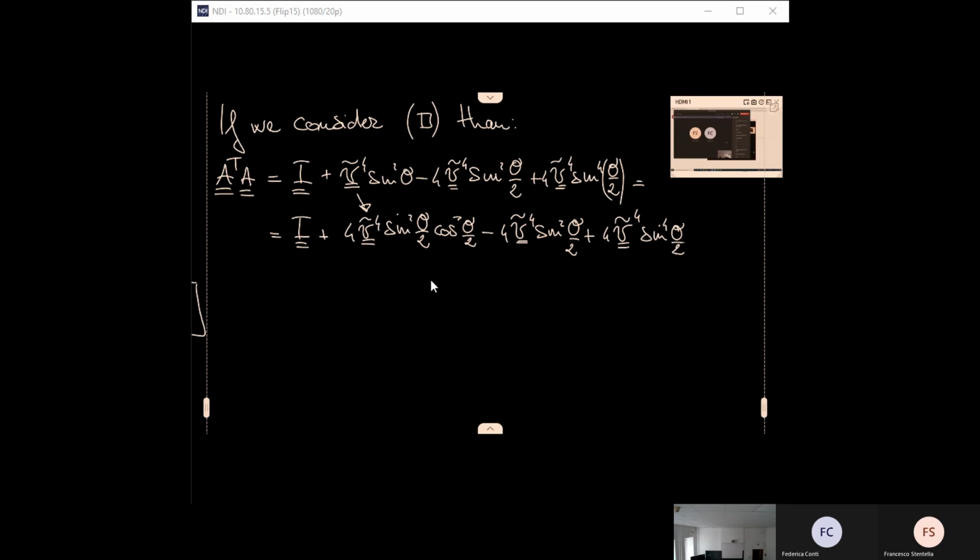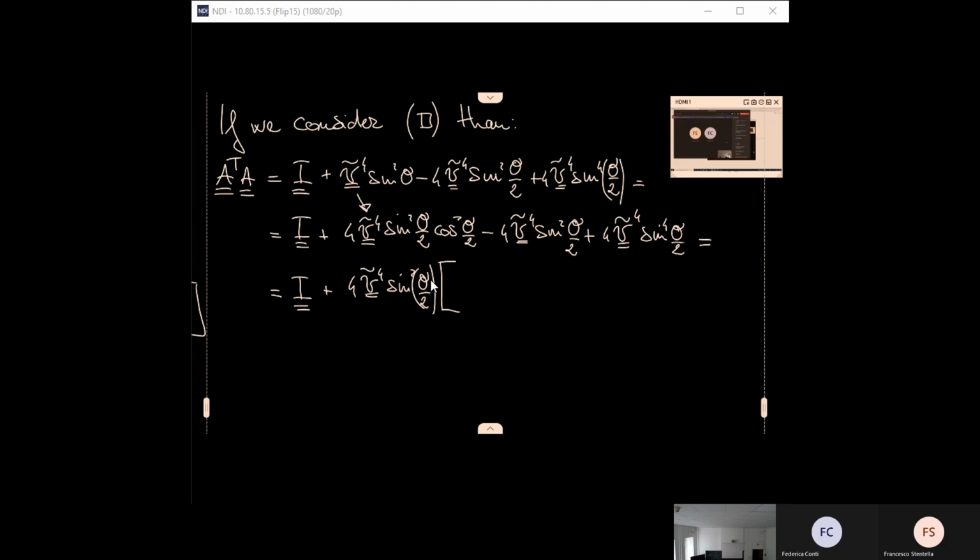Now, what we do is try to group the common term, which is this one, 4 V to the 4th times the sine squared of theta divided by 2, which multiplies what? Well, we have this, and then we have this.